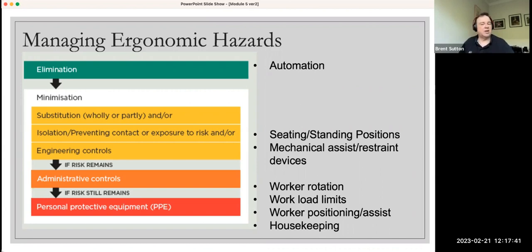We have administrative controls, which are around things like worker rotation and load limits, and other controls around worker positioning, assistance, and housekeeping in those situations. Now imagine there'd be some PPE controls, but typically those would be for people with pre-existing conditions in that space.